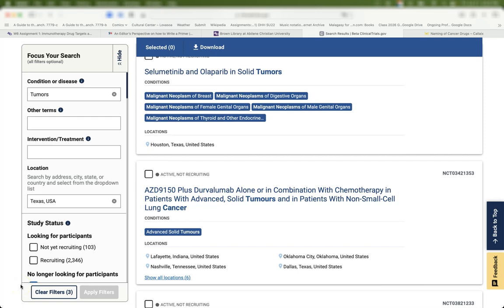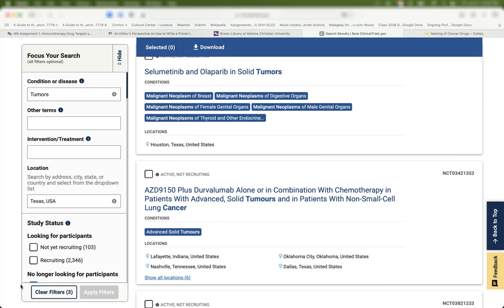Now, if you're looking at these drugs and you're wondering, well, what does this name mean? The clue is in the suffix, the last few letters. So if we look at selumetinib and niraparib, and in the second entry, durvalumab, the clue is in the naming.